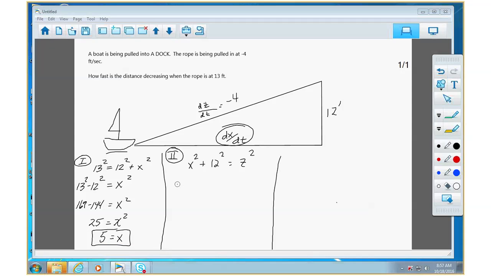All right. 2x dx/dt plus 0 is equal to 2z dz/dt. Now we want dx/dt, so divide both sides by what?